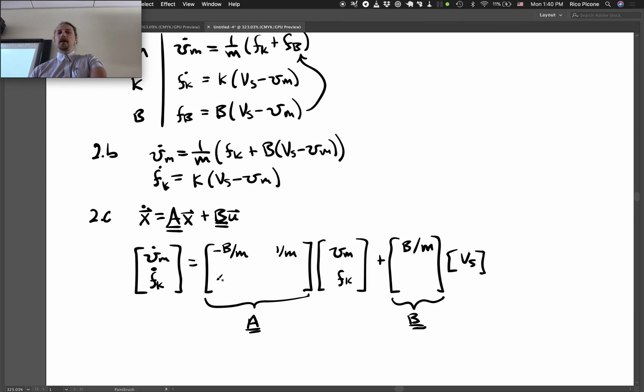Is it k or negative k? Yeah, negative k. And then how many Fk's are there? 0 Fk. And then we have Vs, which is what is the coefficient of Vs? Okay. Boom! State equation. Done. Standard form. Done.